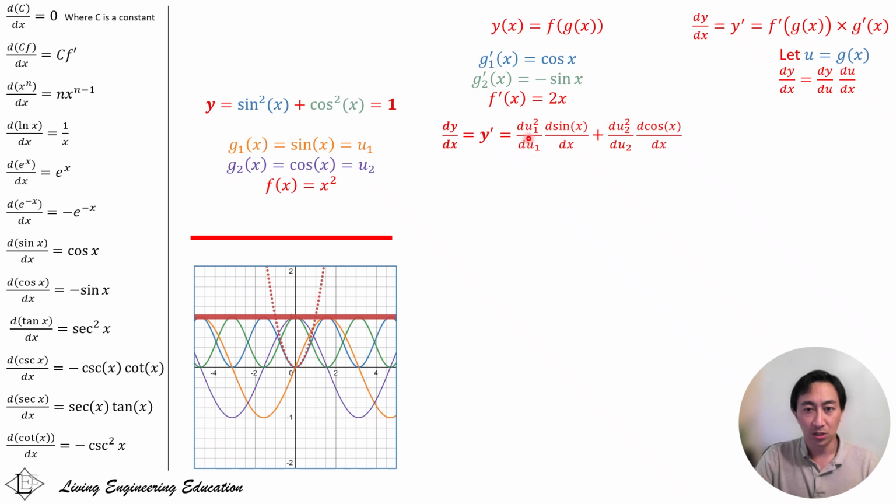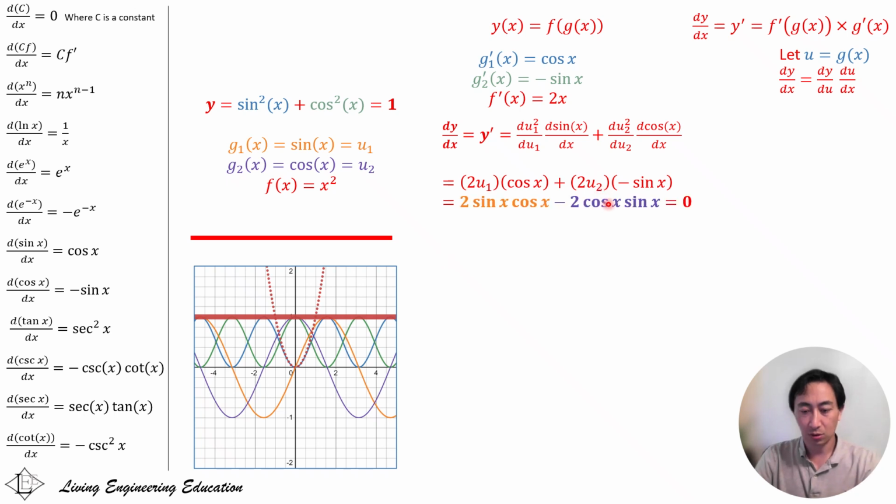Okay, so this d u1 squared du1, that's just the same thing as the derivative of x squared. So this will be 2u1, right? This will be 2u2, and then my cosine and my negative sine x. And then I'll just do my substitution. To substitute u1, which is just sine x, and u2, which is just cosine x. So I got 2 sine x, right, with that u1 substitution, times cosine x.